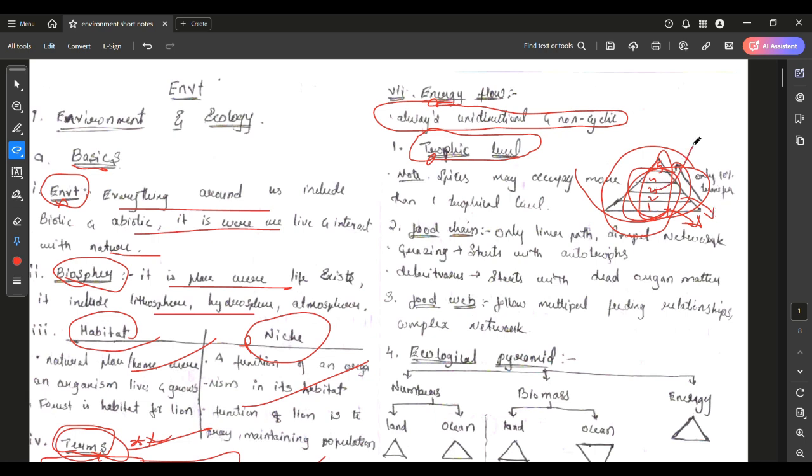In the third trophic level, you can say secondary consumers, with examples of frogs, small fish and foxes. The fourth trophic level is the tertiary consumers, with examples such as snakes, large fish and eagles. And finally, the fifth one is the quaternary consumers, with examples of lions, sharks and tigers.